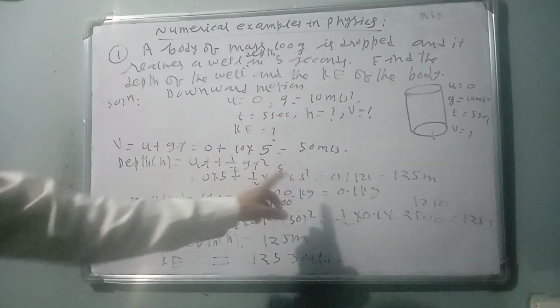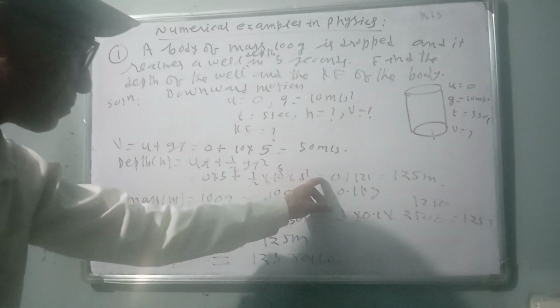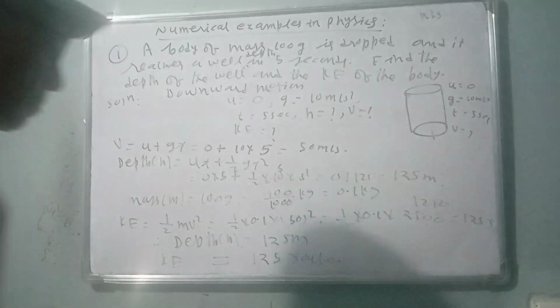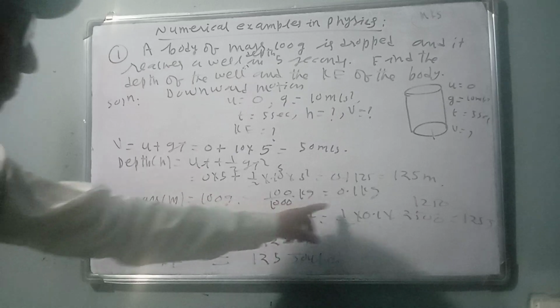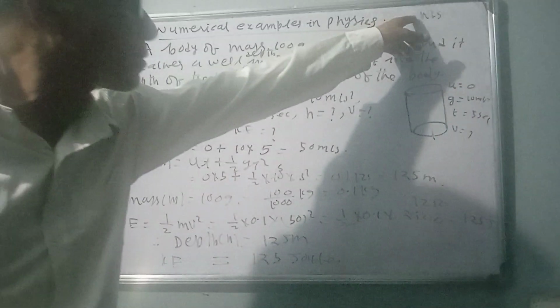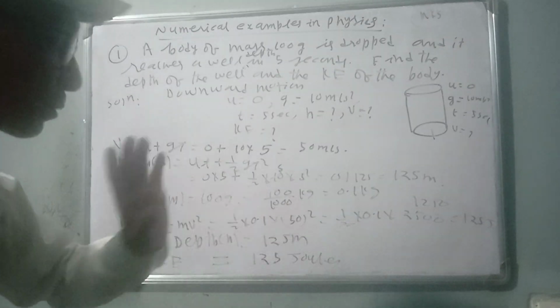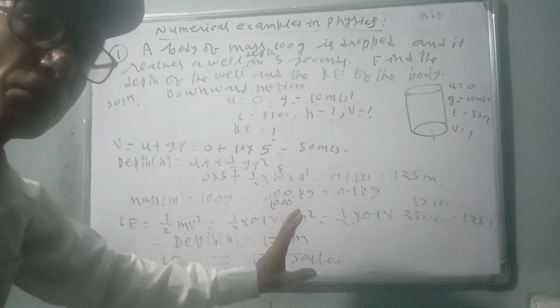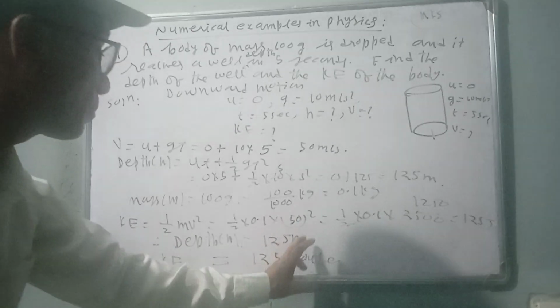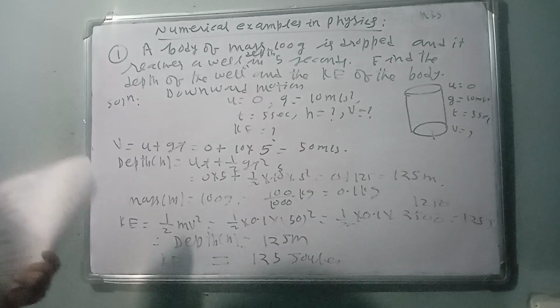Depth ut plus half gt square, 0 into 5 plus half 10 into 5 square is 125 meter. Mass 100 gram is 0.1 kg, divide by 1000 in the MKS system. Depth is 125 meter. You have to write measurement and unit. Unit is very important. Kinetic energy equal 125 joule.